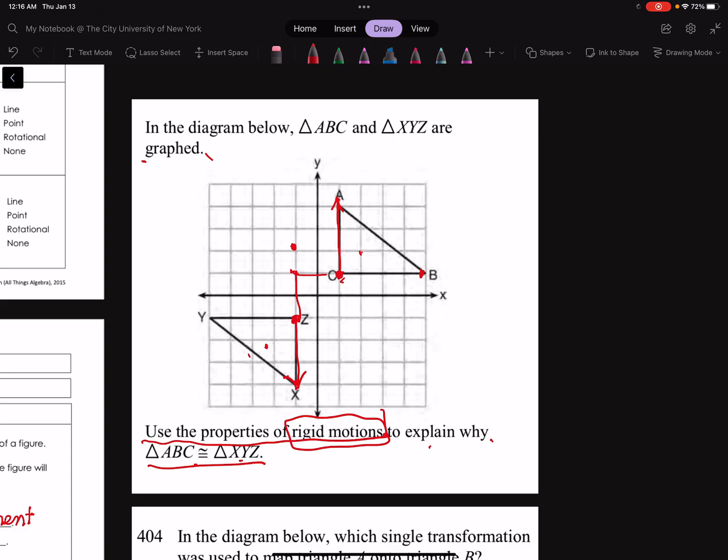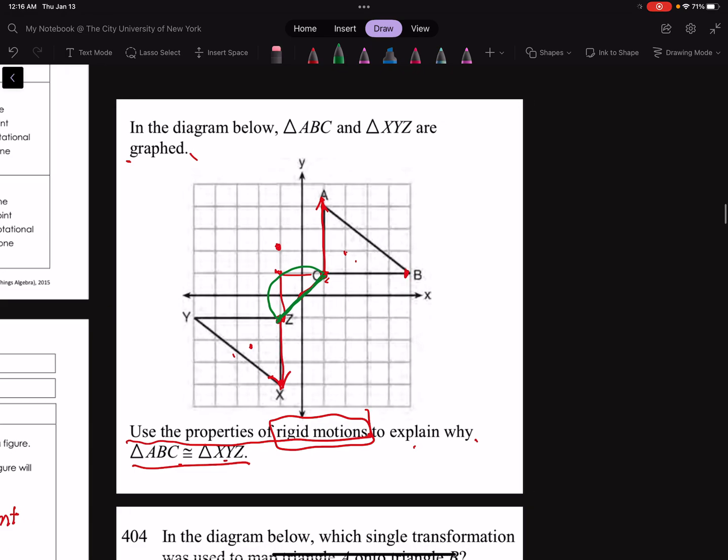And this is not a reflection over any line. And this is not a dilation, so it has to be a rotation. If you see this OA is through this center, it was straightaway rotated this way. 180 degree rotation. Okay, you don't have to tell that. If you tell that, that's also fine.